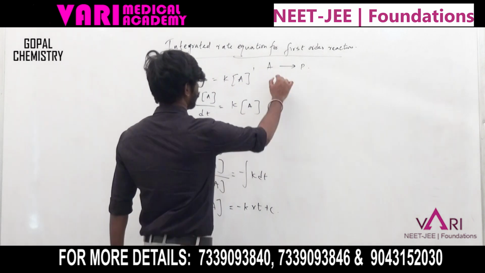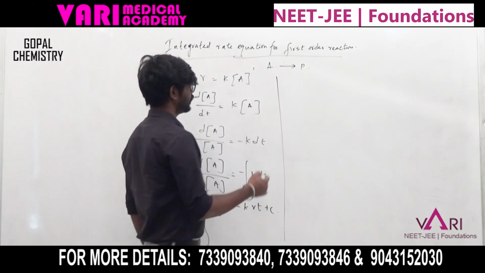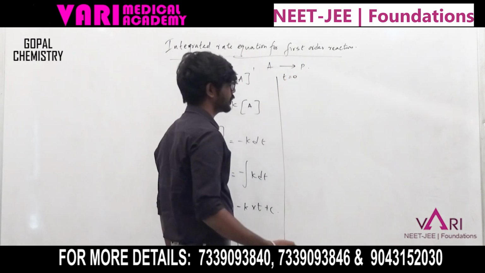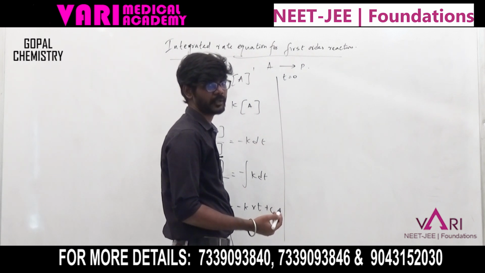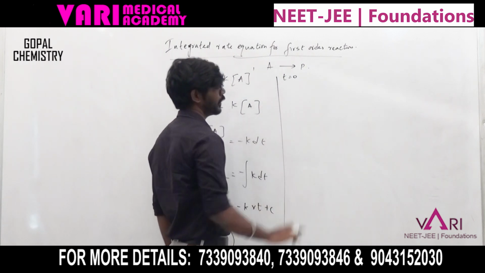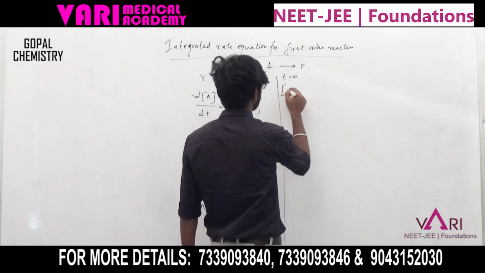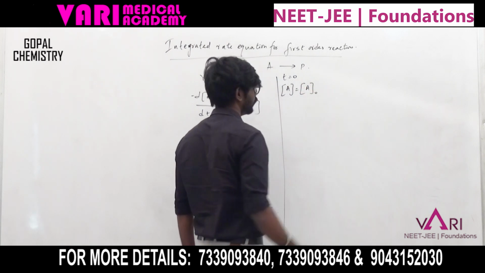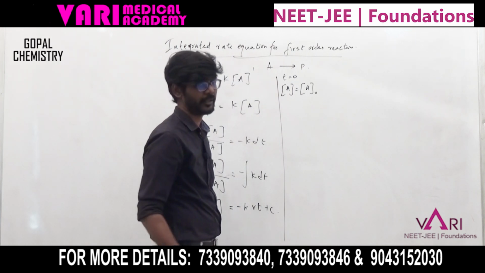So this expression can be evaluated at time t equal to 0, which means initially, the reaction or the experiment is yet to start. That time can be noted as t equals 0. At that time the concentration of A will be A naught, the concentration of the reactant taken as A naught.